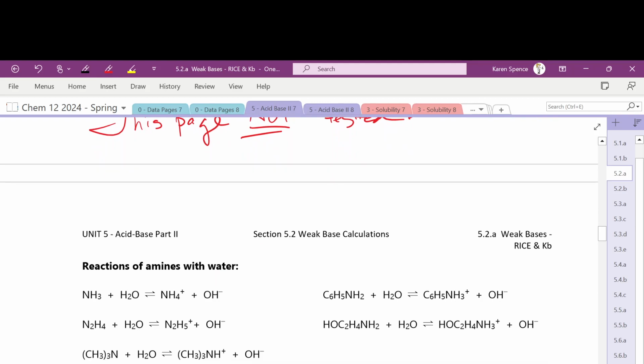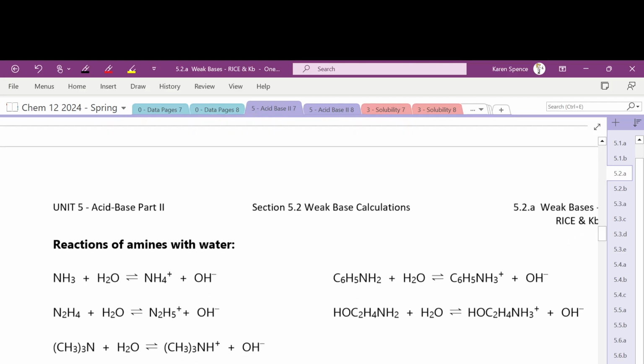But the reason you need to know it is because sometimes I'm going to throw things at you and I'll call it a weak base, but your brain will think it's an acid because it's got hydrogens on it. Like NH2. Oh, it's got hydrogens. It must be an acid, except for that it's not. It's a base, which is why we're going through this whole process here.